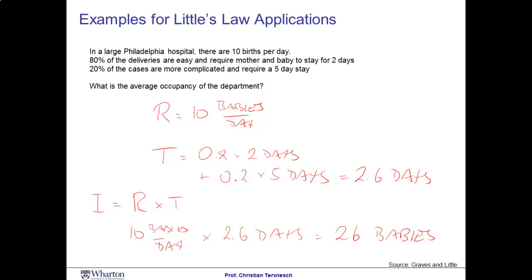Again, notice that the occupancy might vary and you might be ill-advised to build the department with only 26 beds. This is the average occupancy. Each day might vary and some days will be lower while other days will be higher.